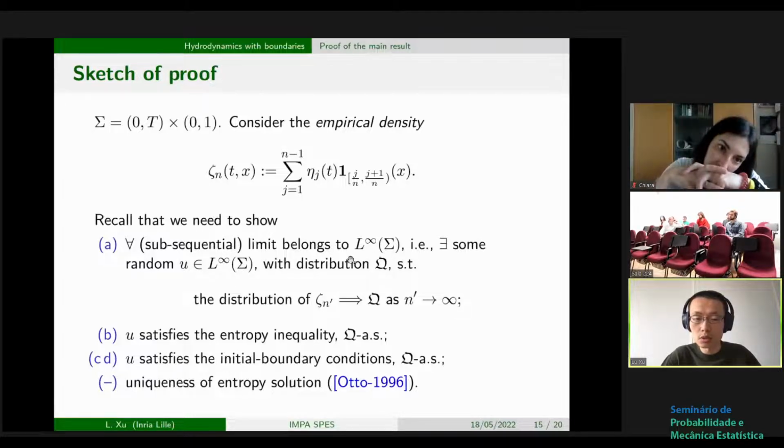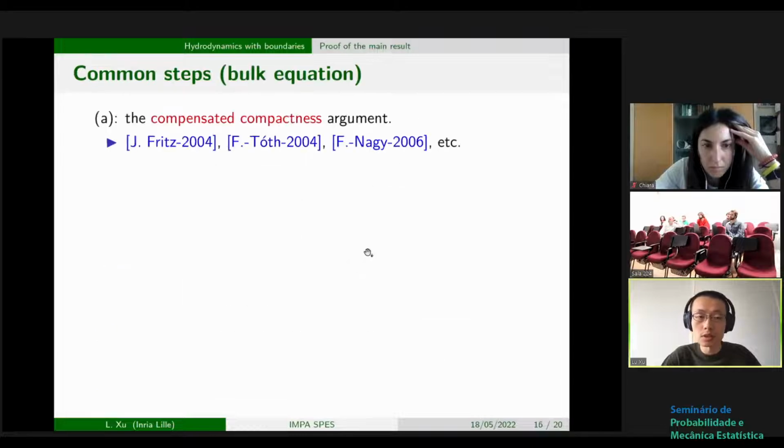So I can only say that it has a weak star limit point in a larger space than the L infinite functions, which is the space of Young measures. And what we need to prove in this step A is that this distribution on the space of Young measures actually concentrates on the subset of L infinite functions. And this is what the compensated compactness tells us.